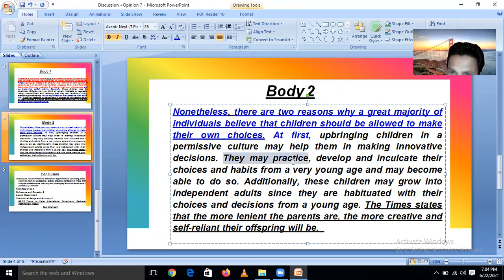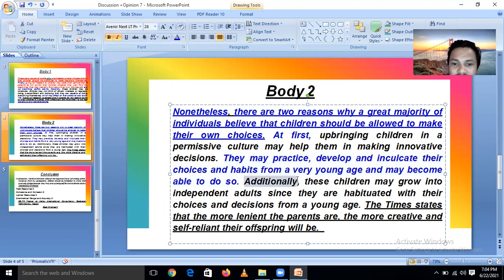How they may practice, develop, and inculcate their choices and habits from a very young age and may become able to make their own decisions. Look, this is how the idea is developed.